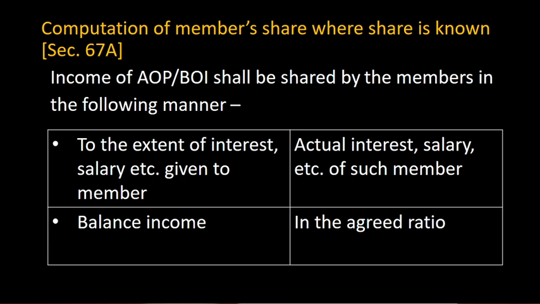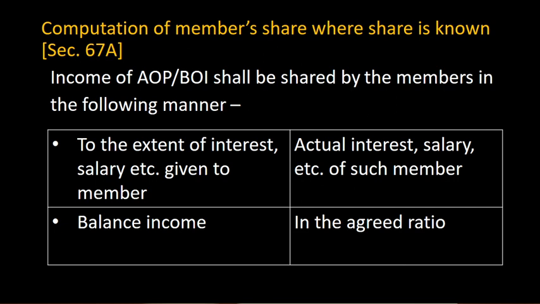Then to the extent of interest, salary, commission, bonus they get, actual interest, actual salary of such members. Now here actual interest is wrong, please understand. Okay, I will tell you the correct thing. So what they said basically here is, suppose member gets salary, commission, bonus, remuneration, everything as it is we added back, right?